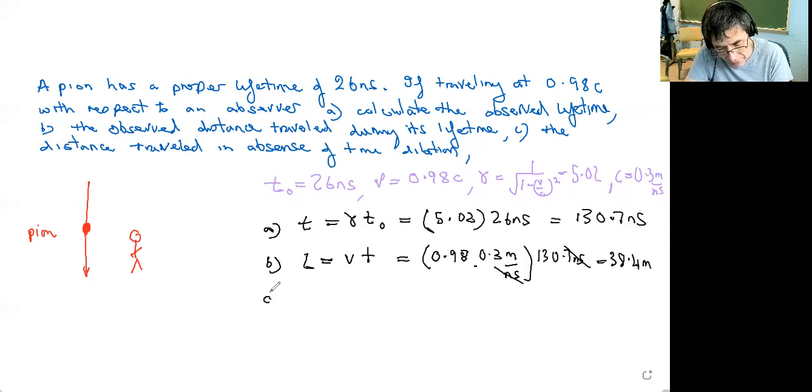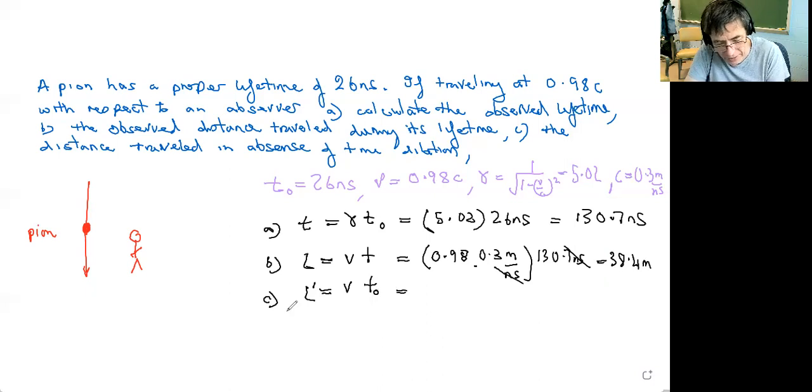What about if time dilation didn't exist? If time dilation didn't exist, then the distance traveled, I'll call it L prime, by the moving pion, again by the relationship between distance, elapsed time, and speed, would be the speed of the pion times its lifetime. But now this lifetime is the original proper lifetime because there's no time dilation effect.